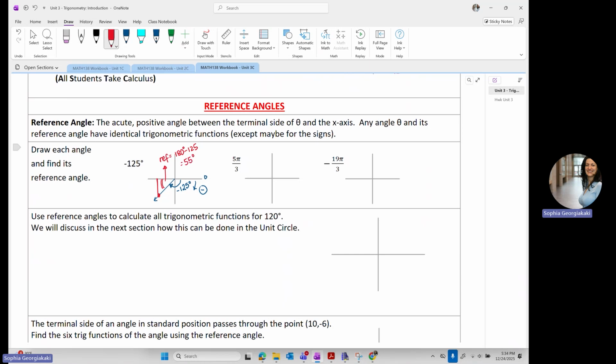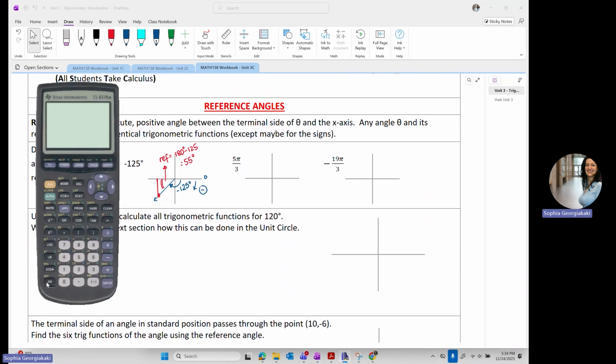That means that all the trigonometric functions of 55 degrees and all the trigonometric functions of 125 degrees are equal to each other in absolute value. Also, I know that the tangent in quadrant 3 will be positive, so it will equal the tangent of 55 degrees, but the sine and the cosine will have opposite signs. Even though they are irrational numbers, I can try to see how it would look.